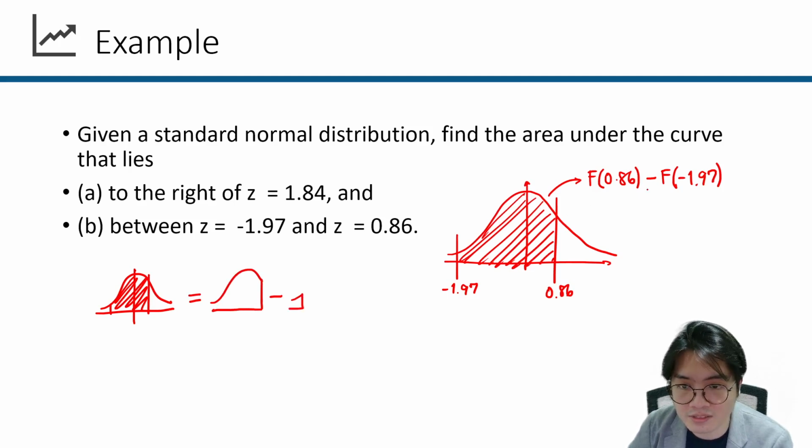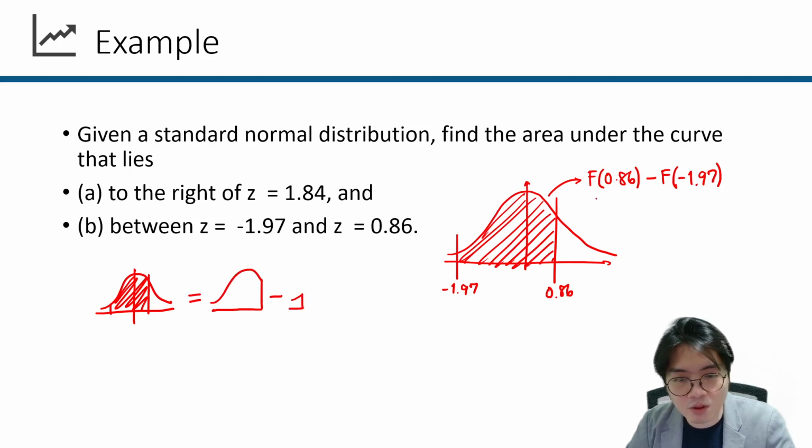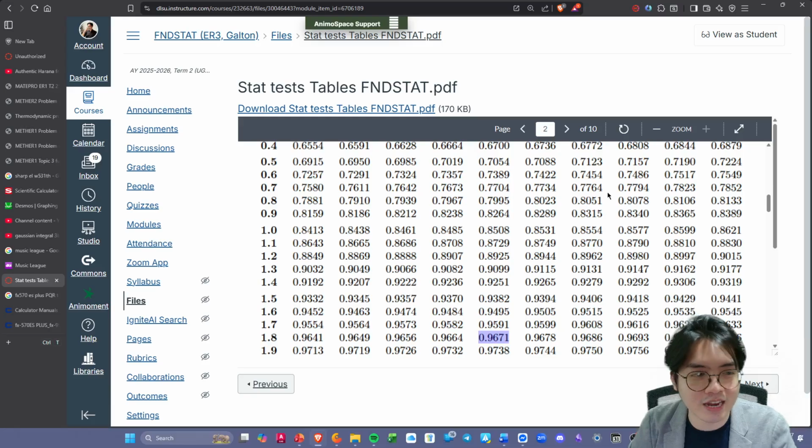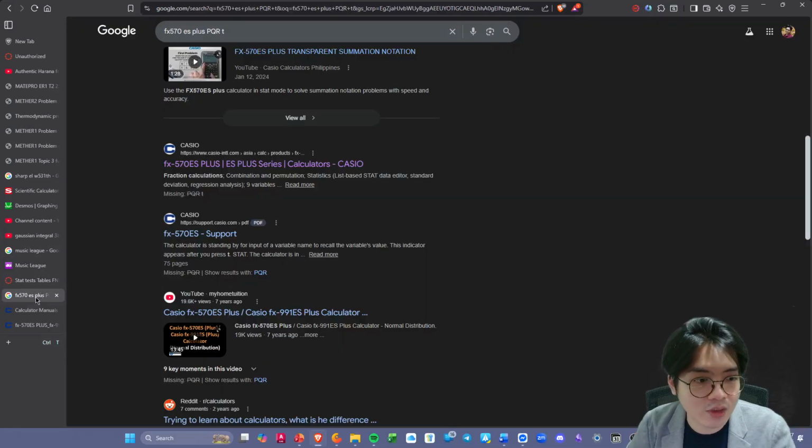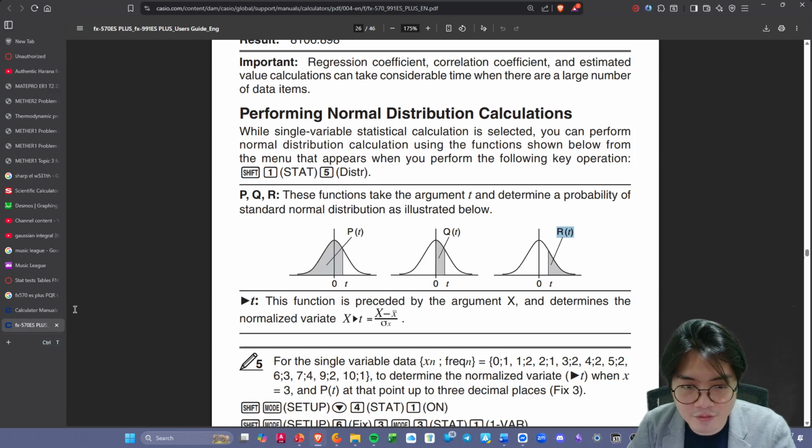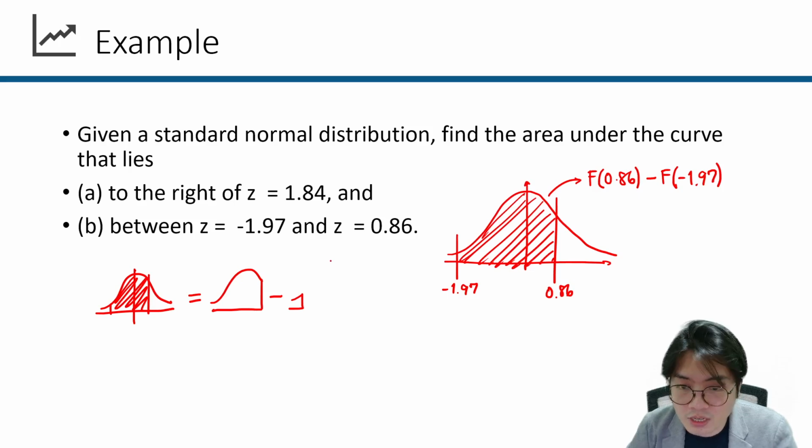Basically, what we're doing is the same thing in here. What do I mean? Why do I need to say that out loud? It's because you have in here the function P of T, which is the cumulative distribution. What I can enter in my calculator is P of 0.86 minus P of negative 1.97.